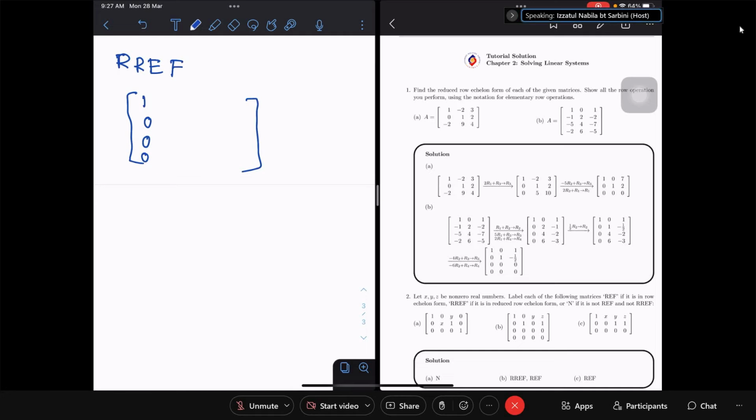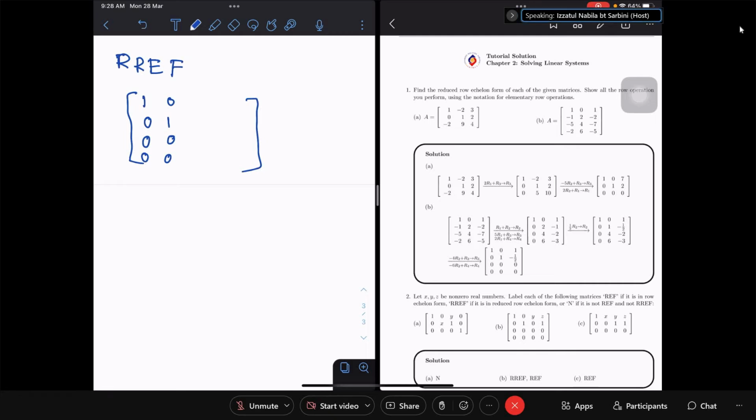Okay, contoh dekat sini, the second leading one is in the second row. For example, dia tak semestinya macam ni. For example, the second leading one is at the second row. So means that for RREF, you have to zero out everything else in the same column with the leading one. Example dekat sini, okay.